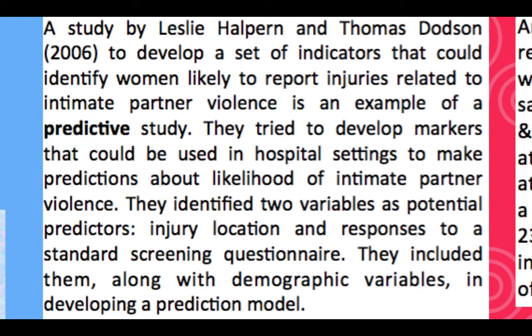They tried to develop markers that could be used in hospital settings to make predictions about the likelihood of intimate partner violence. They identified two variables as potential predictors: injury location and responses to a standard screening questionnaire. They included them along with demographic variables in developing a prediction model.